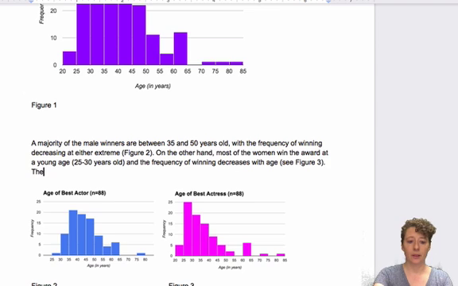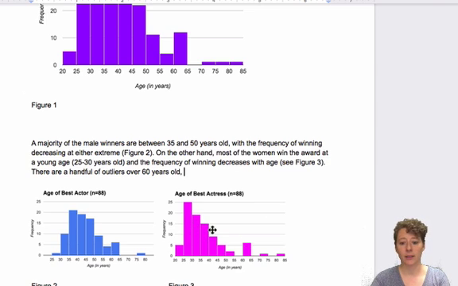So there are a handful of outliers over, what is this, 60 years old. And again, that's pulling the mean this way. The outliers are pointing upward as the age is increasing, so that's creating a strong positive skew.